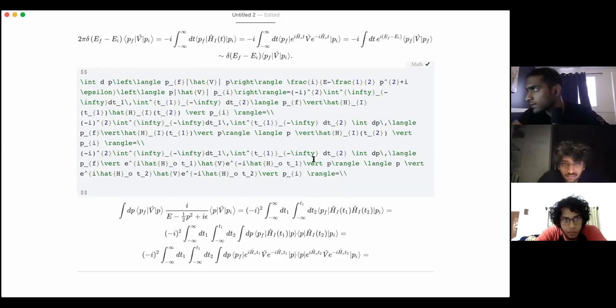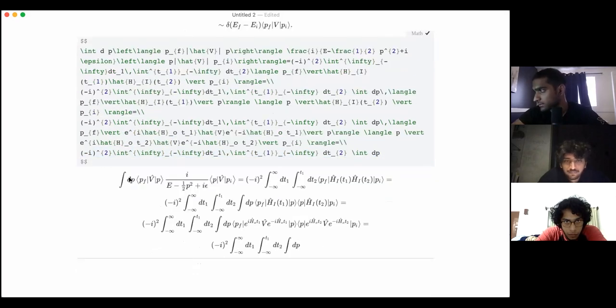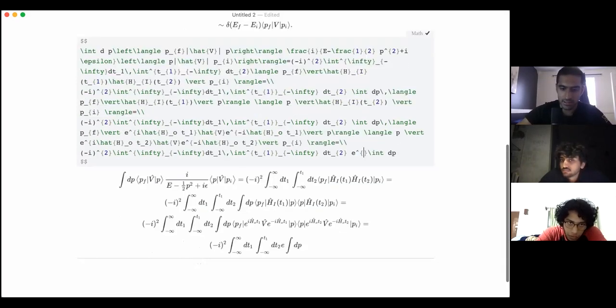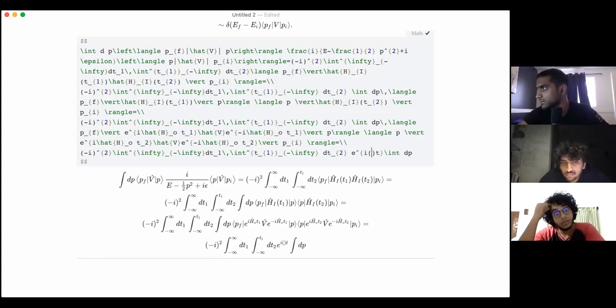Okay, so now I copy this. So this is our collection of integrals, right? Let's remember there's one going from minus infinity to infinity, and a second one going from minus infinity to t1. Okay, and there's a dp, but all these e factors don't care about it.